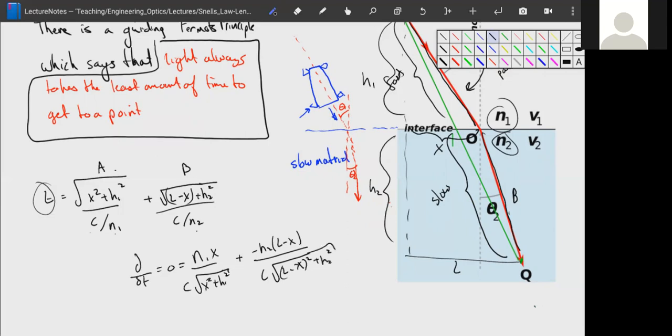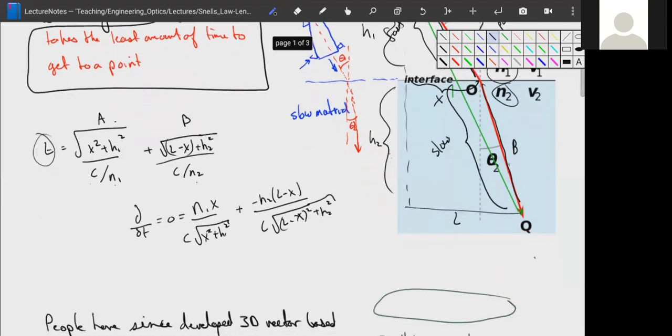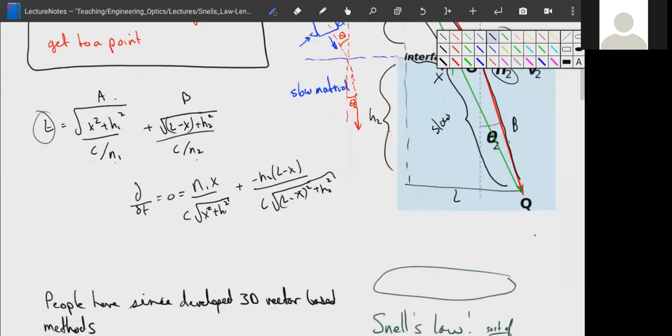If you rearrange, do some trig substitution, you can find that n1 sine theta 1 is equal to n2 sine theta 2. And this is called Snell's law, sort of.